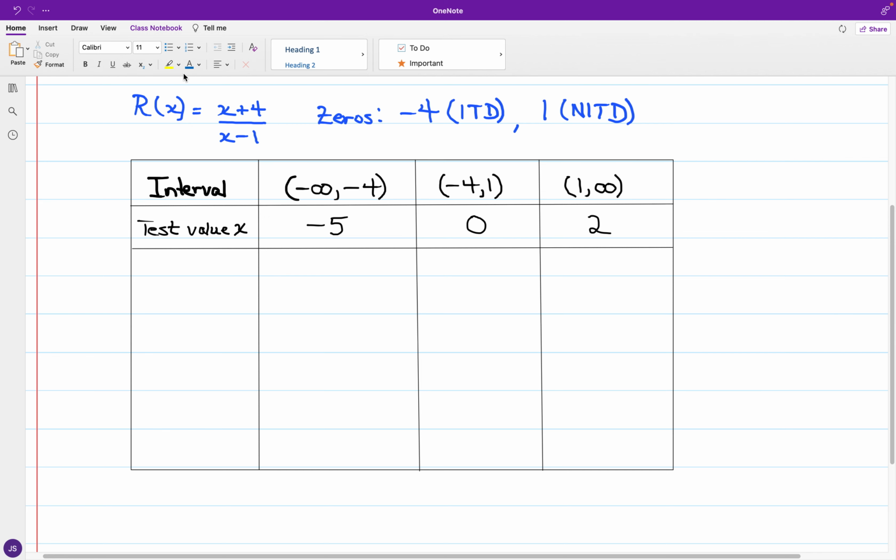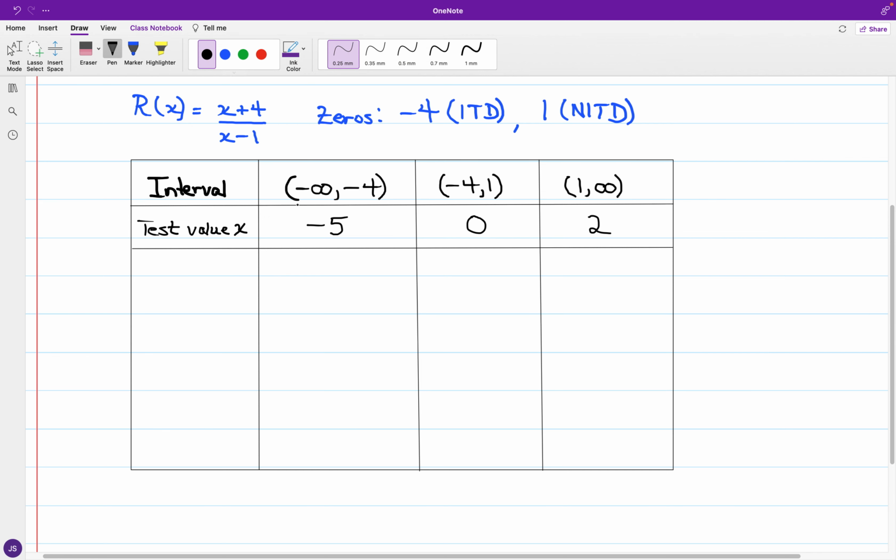After the selection of the input values, we look again at the function r of x equal to x plus 4 all over x minus 1.